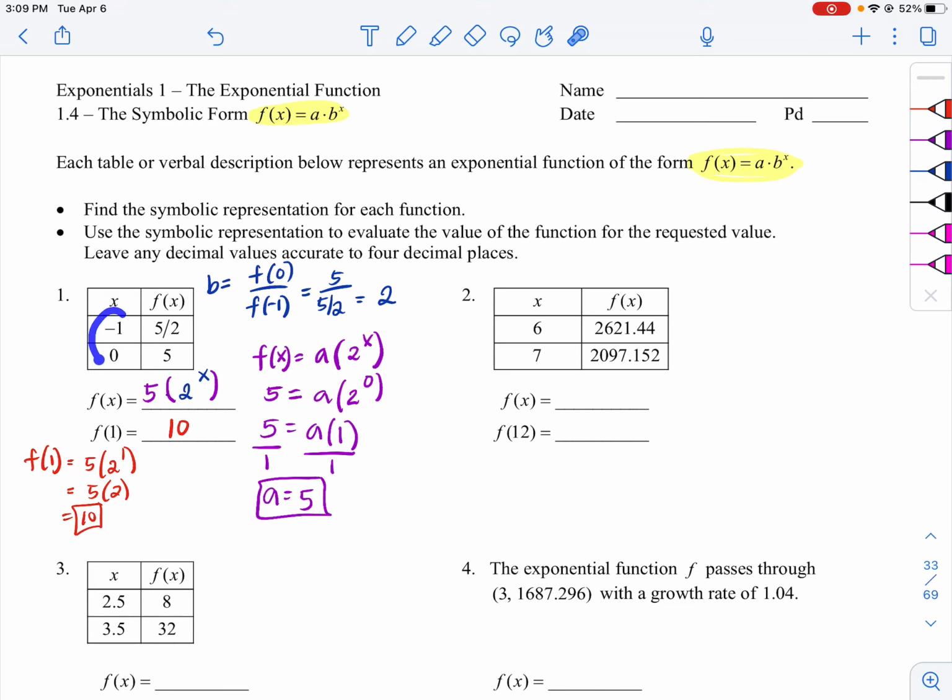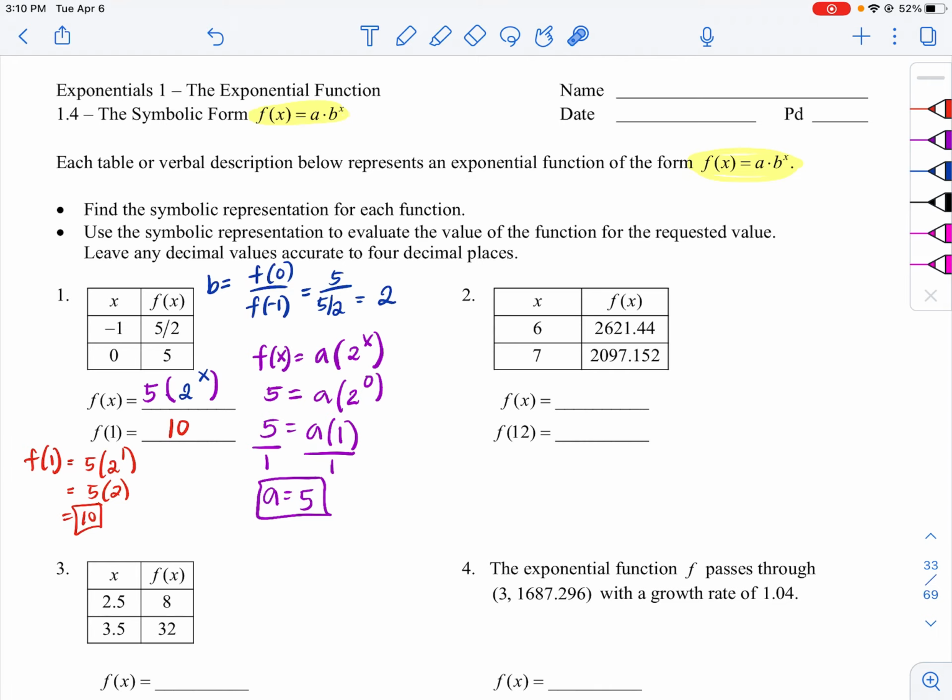Because if they're not 1 unit apart, and they're 2 units apart, then it's b squared. If it's 3 units apart, then it's b cubed. If you're a little bit confused about what I'm talking about, please make sure to watch the previous video called the symbolic form, or the video on exponential functions.